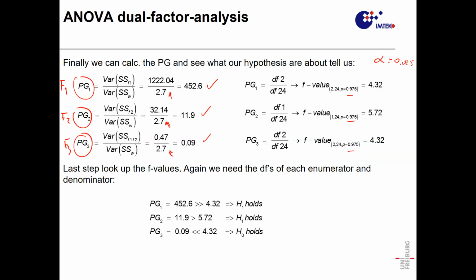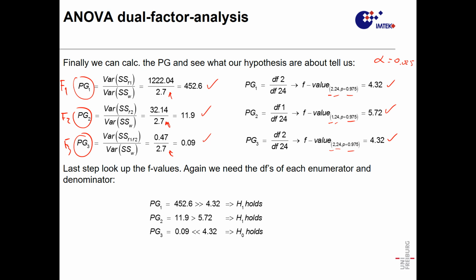For the between factor 1, we have 2 for the numerator, 24 for the denominator. Factor 1 has 3 production lines, so you have 2 degrees of freedom, right? Factor 2, you have 2 pH, so 1 degree of freedom, 24 for the within. For the interaction, you have 2 and 24. So this is the same degree of freedom that we have seen before. And these are critical values.